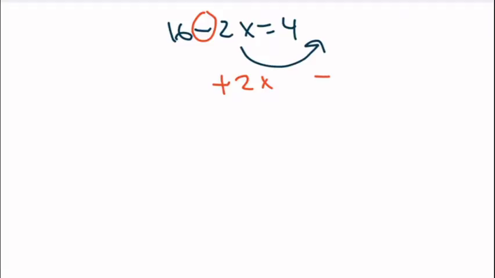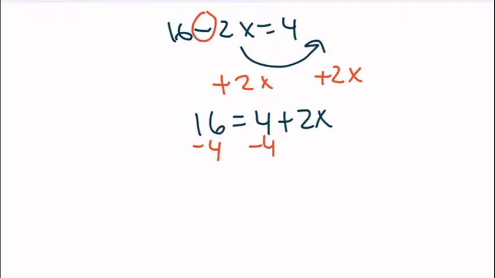And that's going to be 16 equals 4 plus 2x. Now we're going to subtract 4 on both sides. 16 minus 4 is 12 equals 2x. Divide by 2 on both sides. 12 divided by 2 is equal to 6. So x is equal to 6.